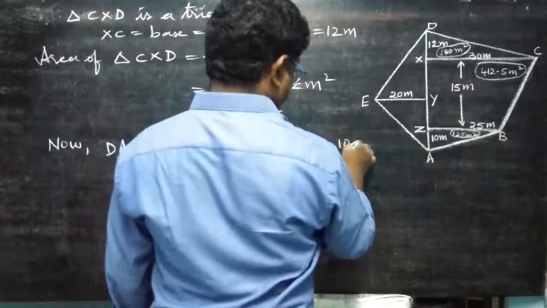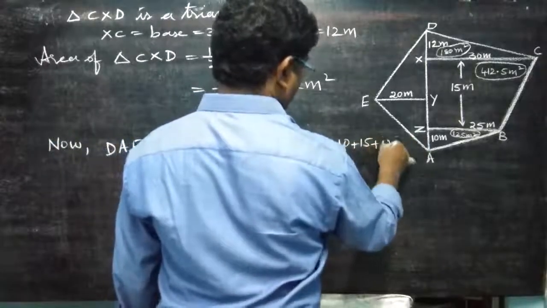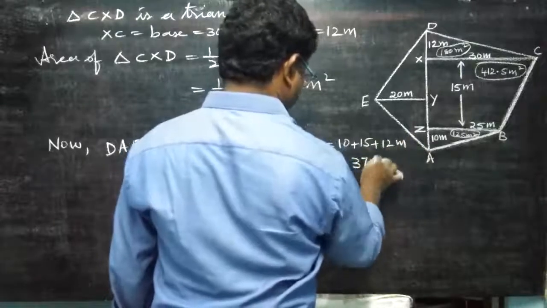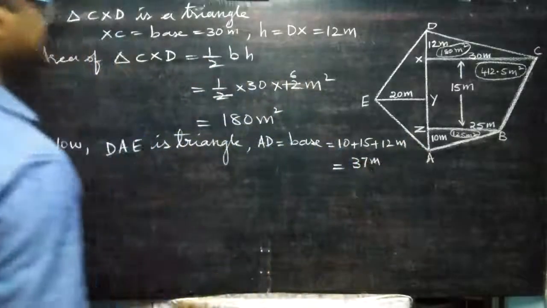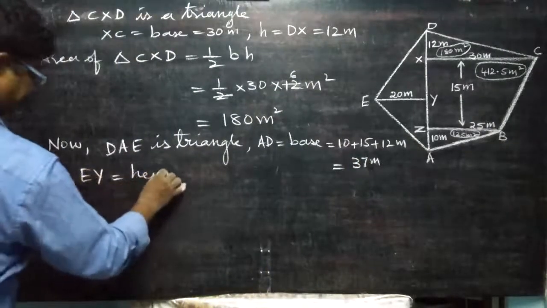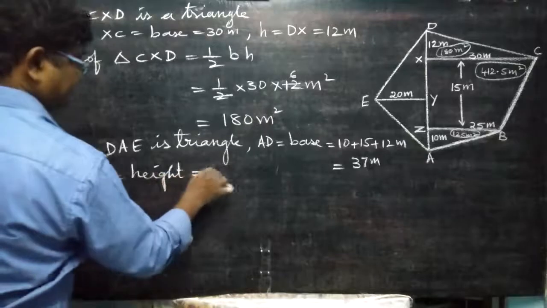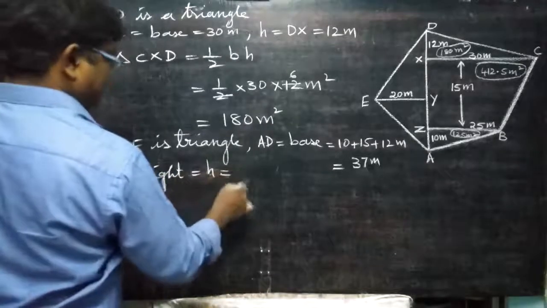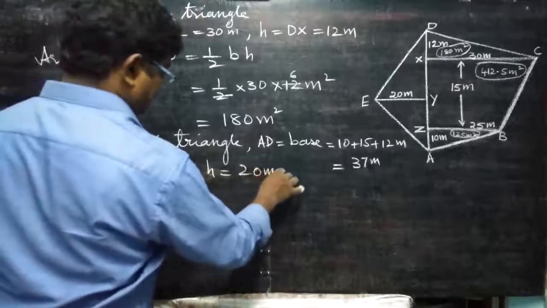Add 10 plus 15 plus 12 meters, 37 meters. Next, EY is equal to height, that is equal to 20 meters.